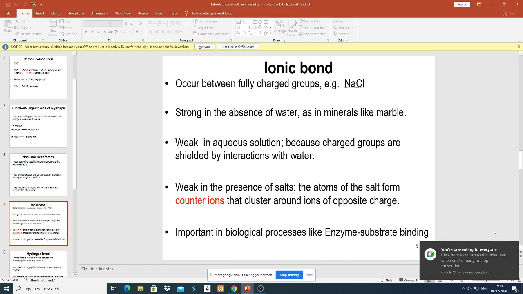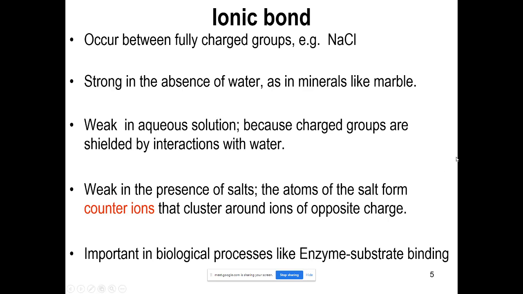Re-emphasizing our ionic bond. I said that the ionic bond is very weak in the presence of water, but also it is very weak in the presence of other salts for the same reason. If you have a medium containing sodium chloride, and at the same time in the same medium you have maybe magnesium phosphate, there is a tendency of counter attraction of ions of opposite charge, causing the ionic bond to break.